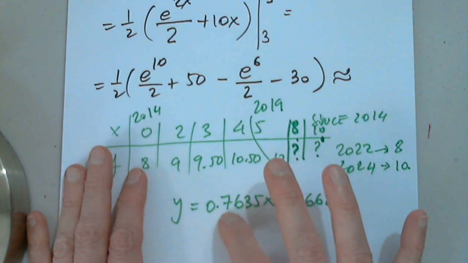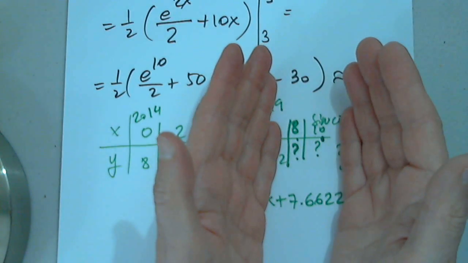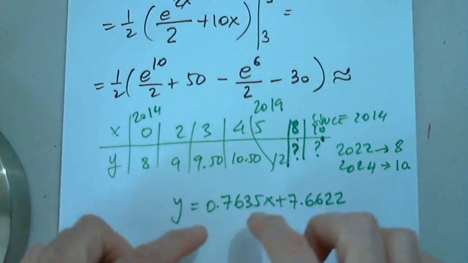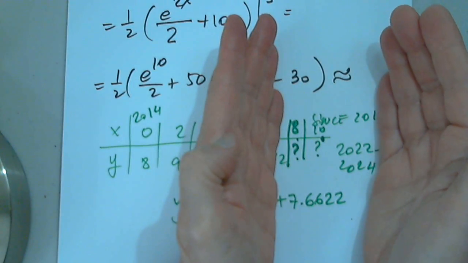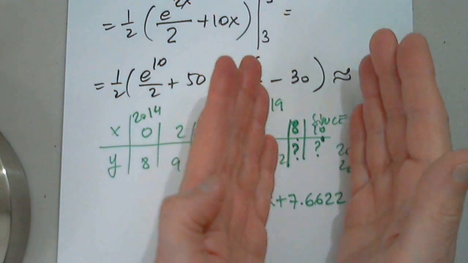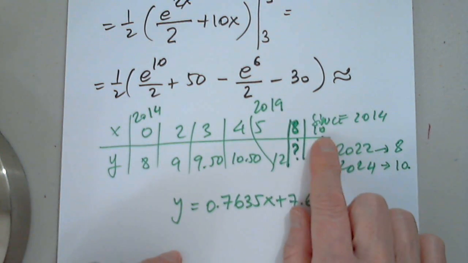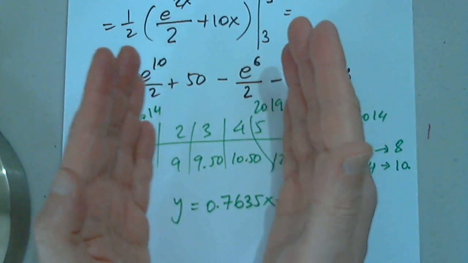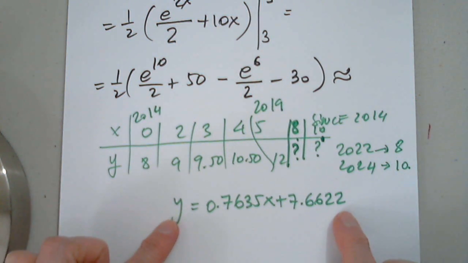But if there is no guarantee that the pattern continues, I cannot fully and with no error estimate outside of this. So this line was determined with these points. I don't know what happens here or after. Maybe this changes. But I will estimate using 8 and 10. So all I have to do is go to the table, plug in 8, plug in 10, and get the y value. But again, remember, this is where the data is. We do not want to go too far out because there is no guarantee that the model continues.